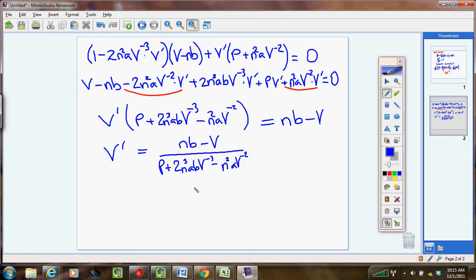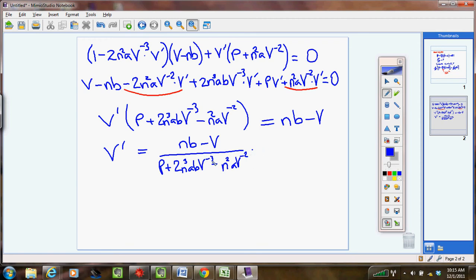Now your answer in the back of the book, since this is problem number 47, will look a bit different than this. What they do is they get rid of these negative exponents here, which is a common form people like to write in mathematics. But not necessary, but just so you know where the form that they got came from.